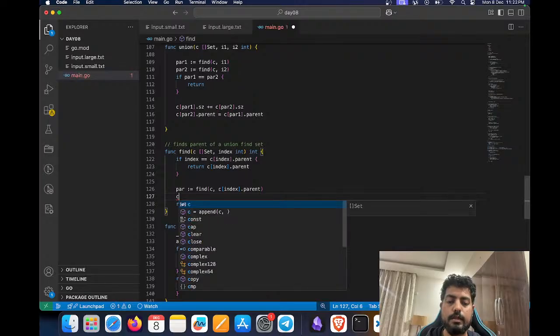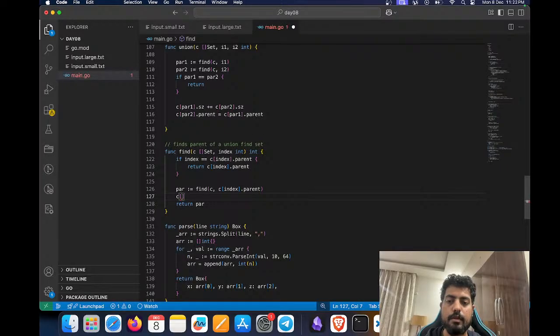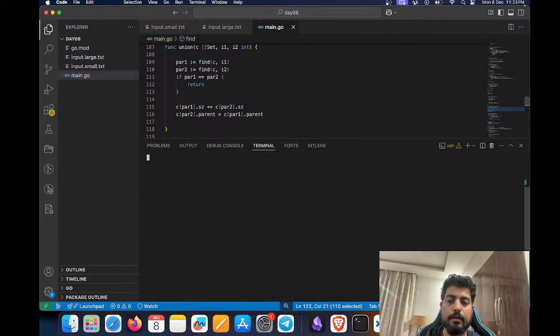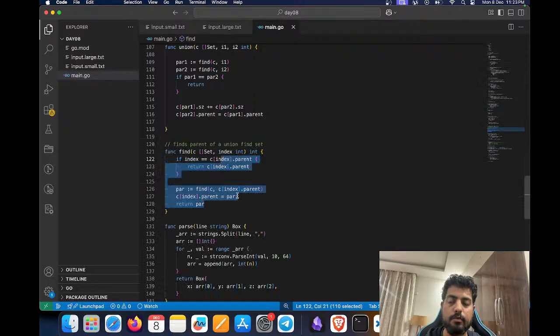Currently we are at index. The parent can be set as the parent that we found. So this brings the complexity to very low, and the answer should be instant as compared to before.